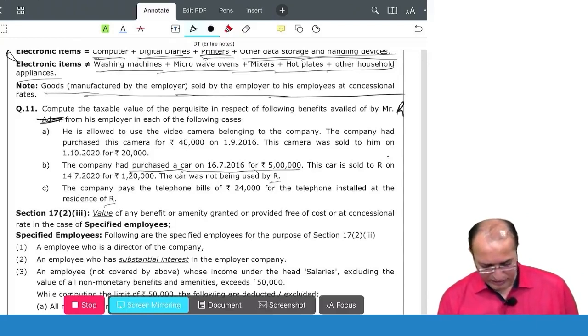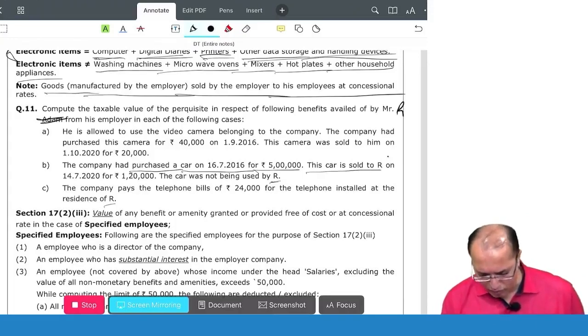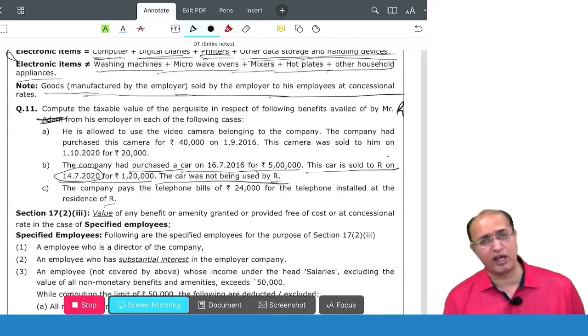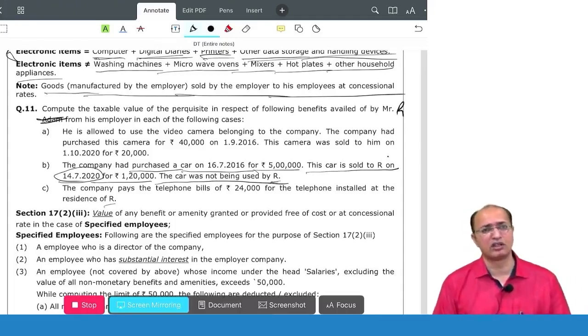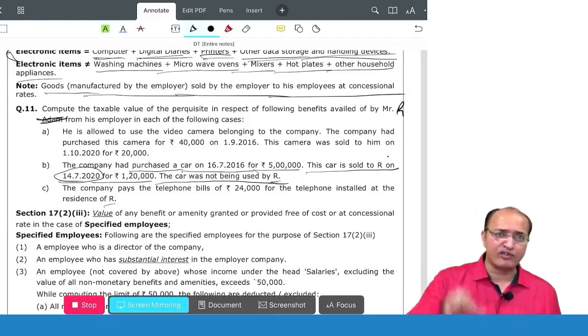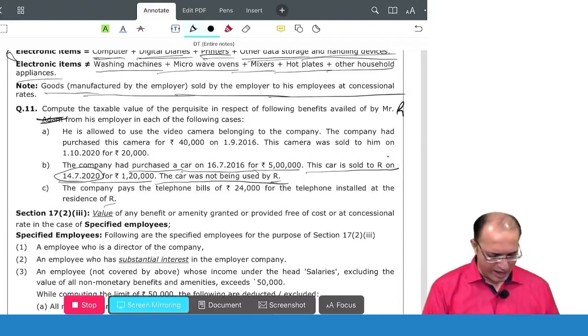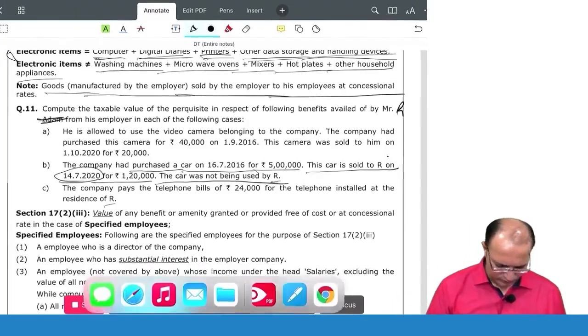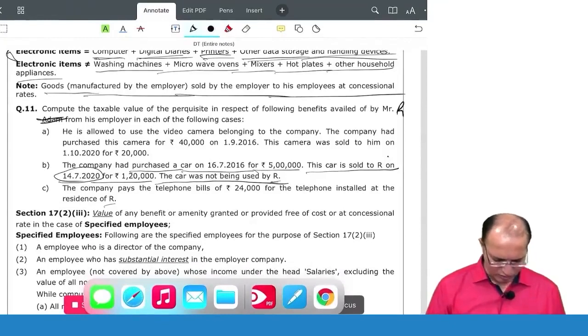Company had purchased a car on 16 July 16 for 5 lakh. This car was sold to Mr. R on 14 July 20 for 1 lakh 20. Car was not being used by R. So here we don't have the use of movable asset perquisite. We have only the transfer of movable asset perquisite. Are you understanding this? Yes or no?